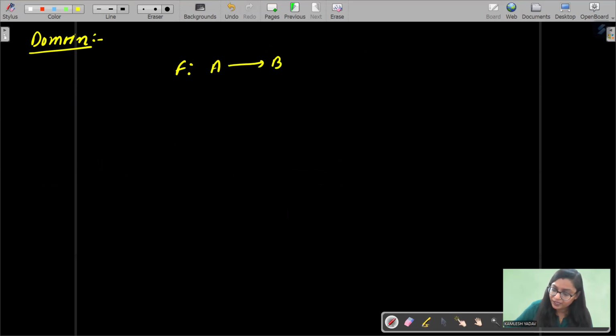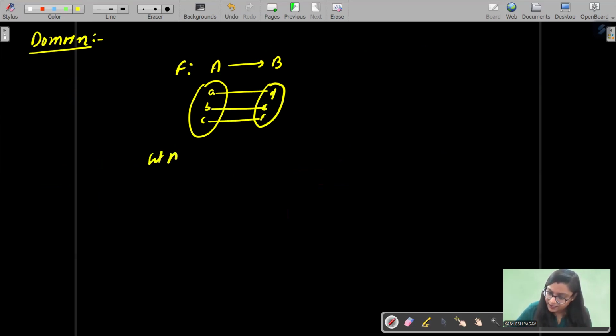Our next topic is domain. In theoretical form, we already know, suppose a mapping F says A tends to B, the elements of A are A, B, C and the elements of B are D, E, F, where A maps to D, B and C map to F. Here, set A is called the domain and set B is called the codomain.